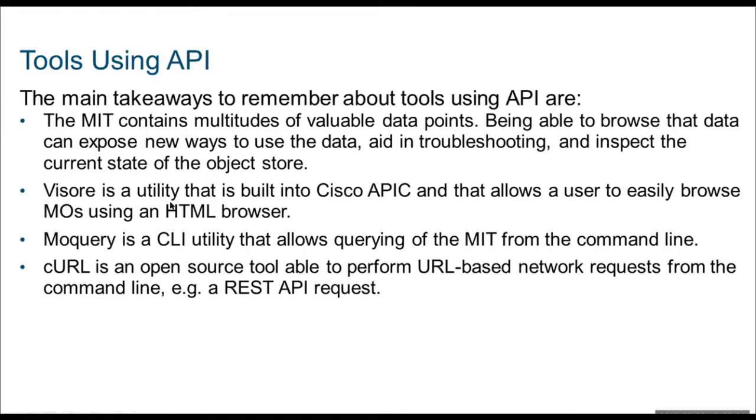So, highlights of what we just discussed: the DMIT, distributed MIT to be precise, holds a lot of values. Being able to browse through that tree can let you retrieve information. It can even give you statistics and the health state of an object.